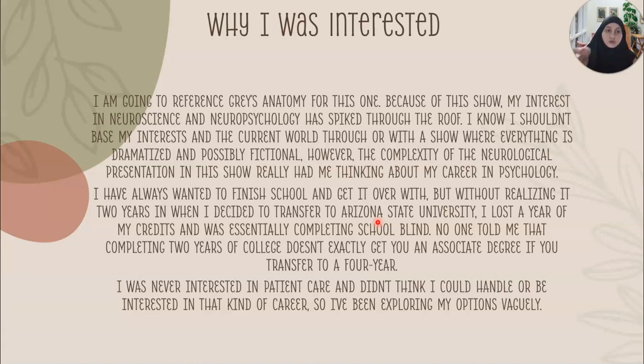Getting into college, no one taught me anything that I needed to know for my college recommendation, like requirements and what I need during my journey into college. No one told me that completing 2 years, no matter what, does not ensure you an associate's, that you're only ensured an associate's in community college, and that you don't get it by completing 2 years in a 4-year school.